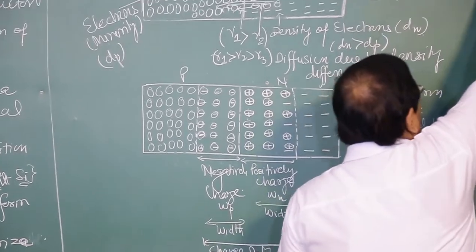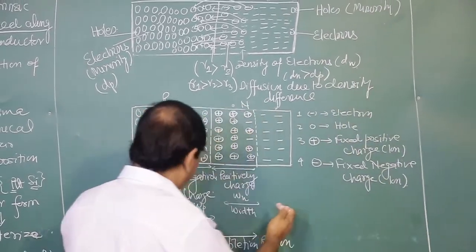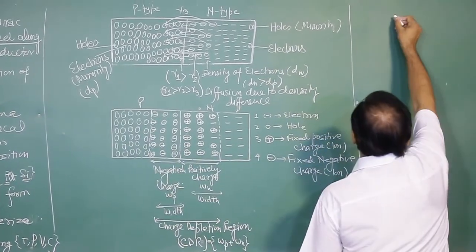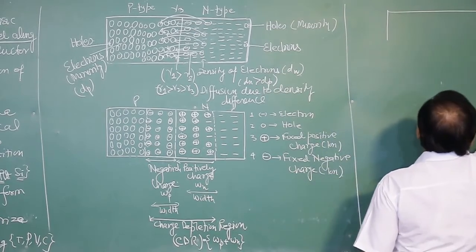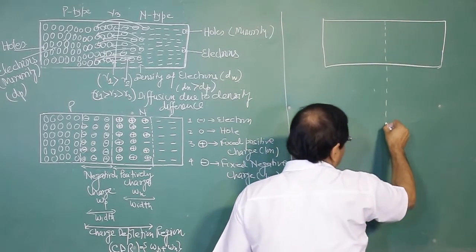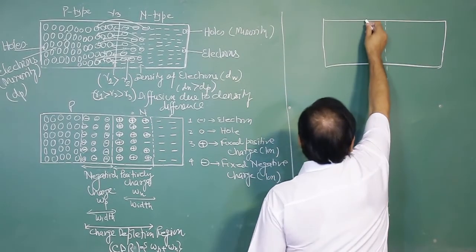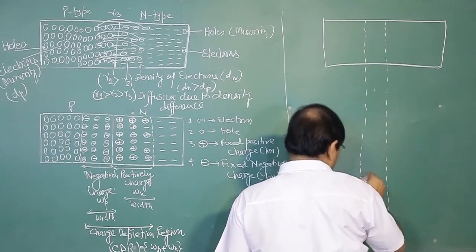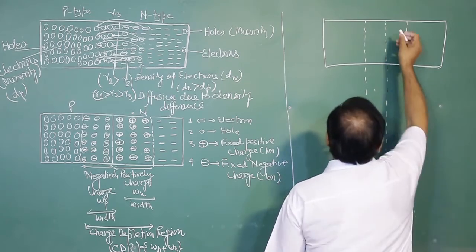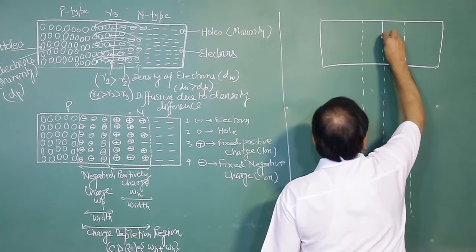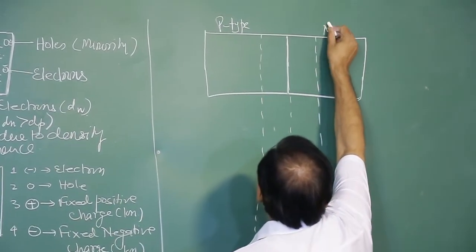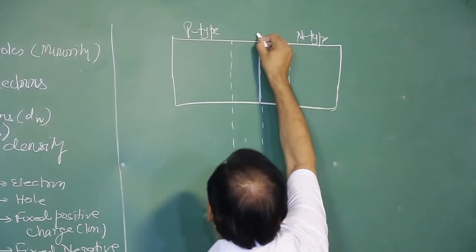Now, due to the formation of this CDR region, the charge distribution across the junction is as follows. This is your P type, here it is N type, and this part is the junction.